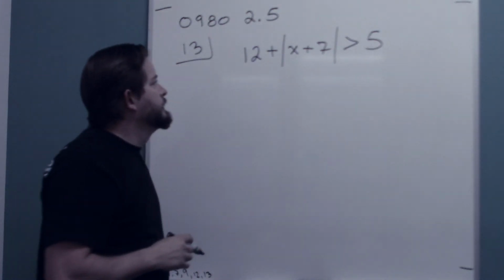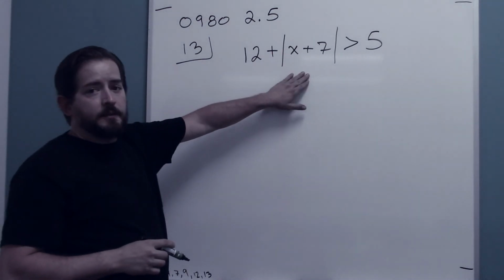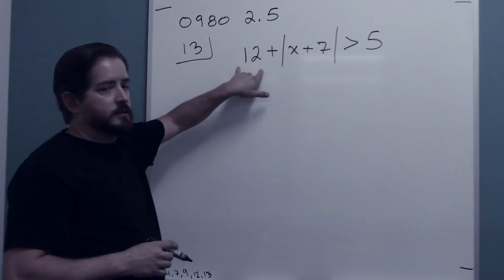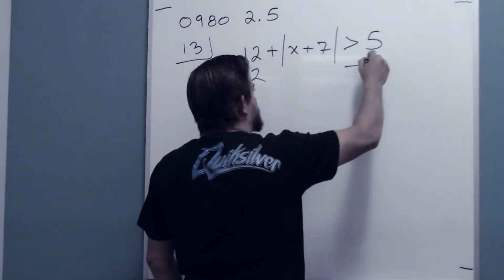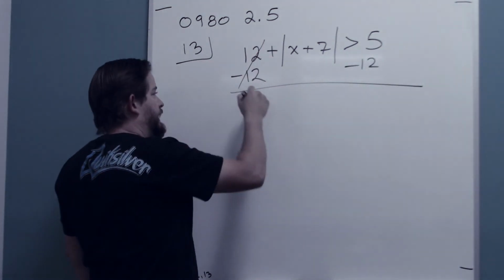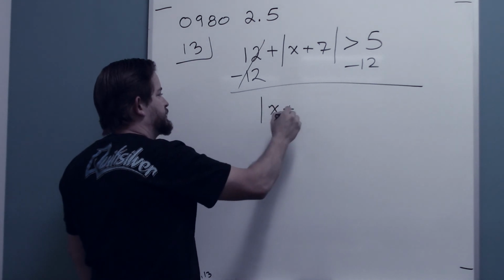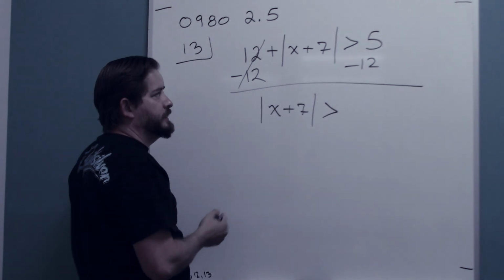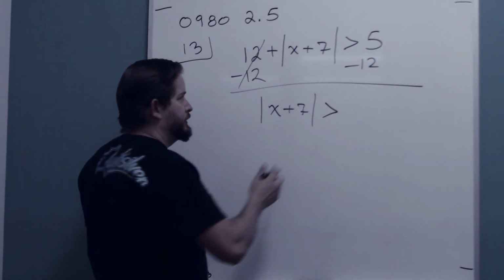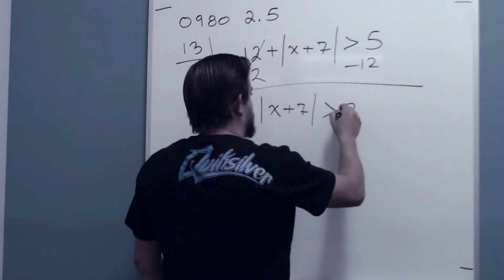So again, I'll try to isolate that absolute value expression, and I'll start by subtracting 12. And actually that isolates it. I have the absolute value of x plus 7 is greater than, since I didn't divide, I don't have to switch anything, but it's greater than negative 7.